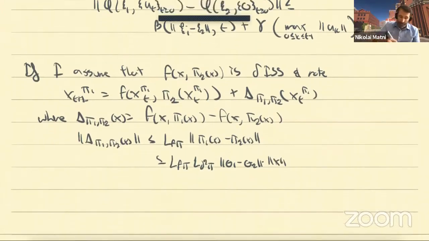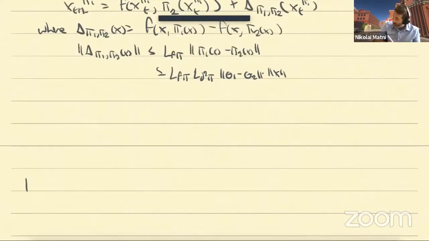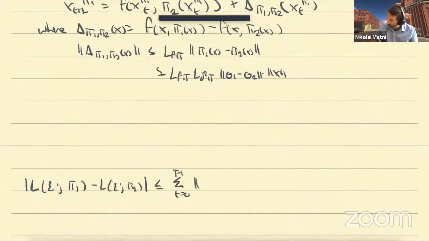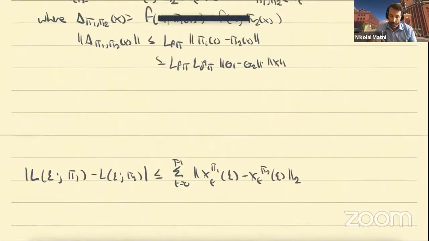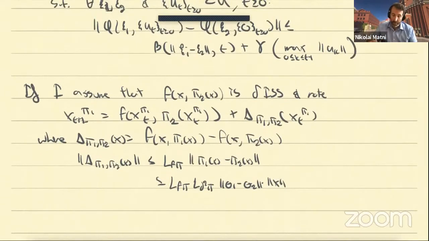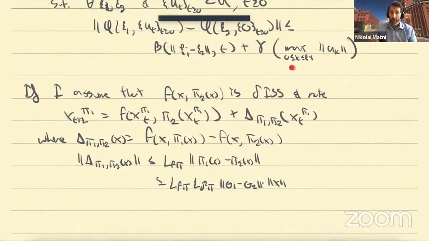But this is nice now, because I can look at my loss function, the difference between my loss functions for pi 1 and pi 2, right? And that's less than or equal to the discrepancy between these two trajectories. And now I can immediately apply my delta ISS bound. They're both starting from the same initial condition, so the only term that pops up is this.